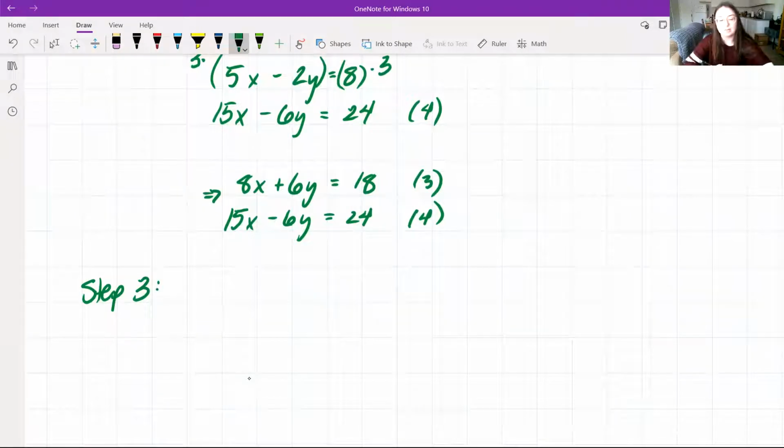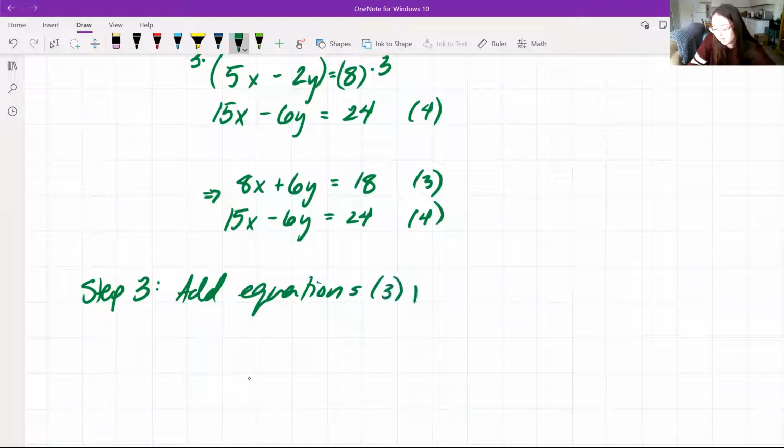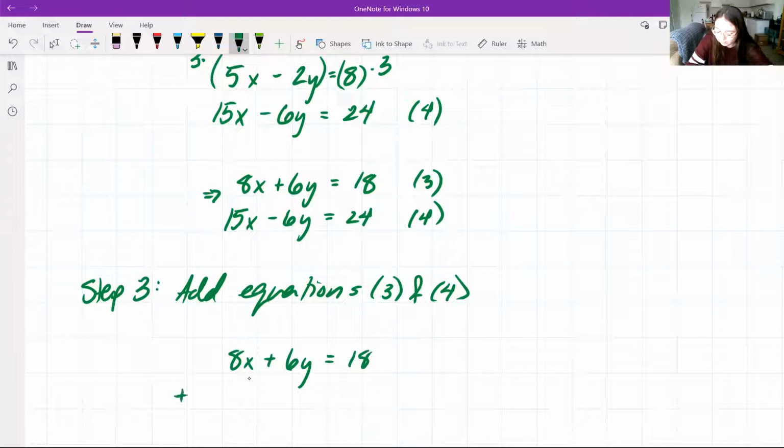And now step 3, we want to add our equations. So we're going to add equations 3 and 4. And remember, when we add them, we want to add them vertically. So we have 8x plus 6y equal to 18 plus 15x minus 6y is equal to 24.